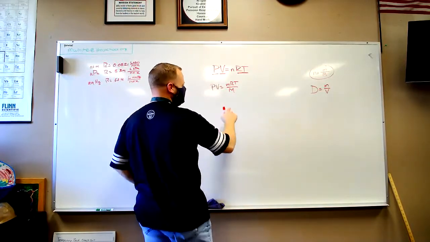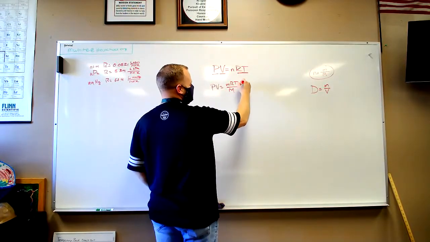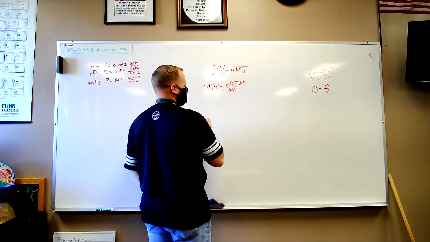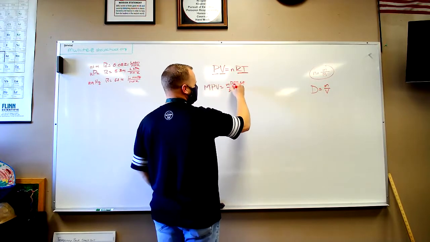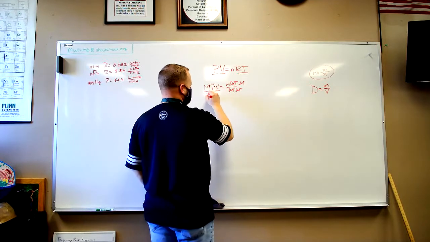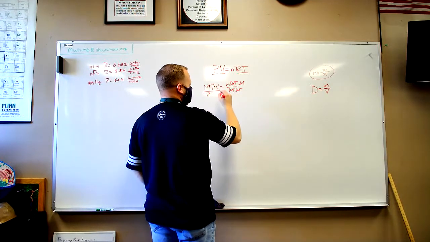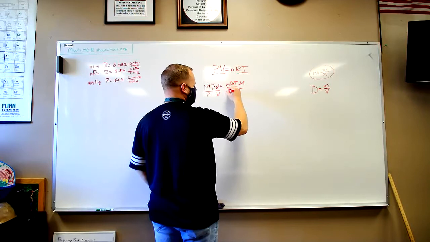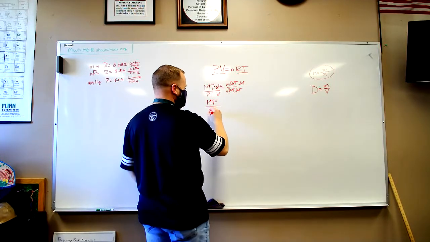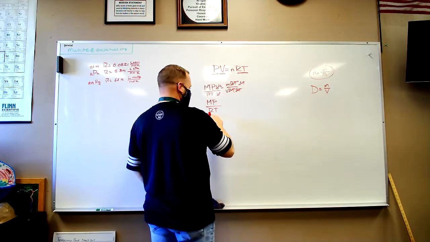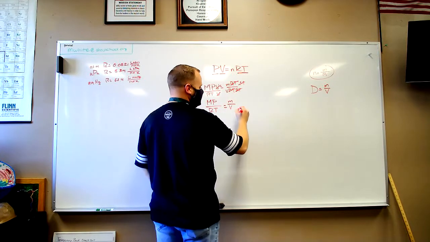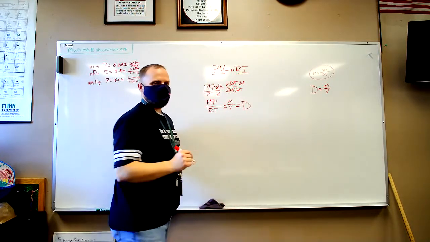First thing I did, multiply both sides by molar mass. Then divide both sides by RT, and then divide both sides by volume. So we get molar mass times pressure divided by ideal gas constant times temperature equals mass over volume, which equals density.